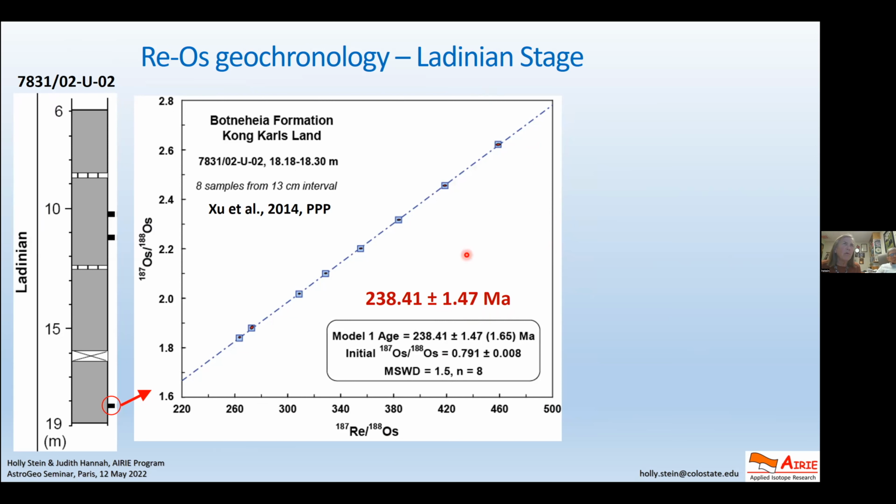That's one critical question. The decay constant is 75% of that, plus or minus 1.47 million years. So that's one of the first things we can do.